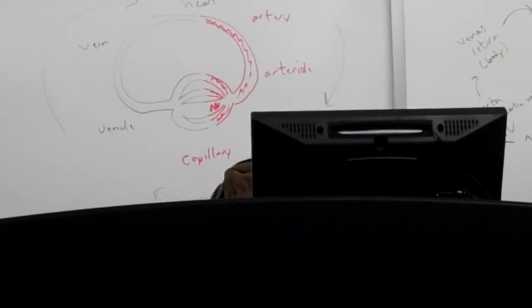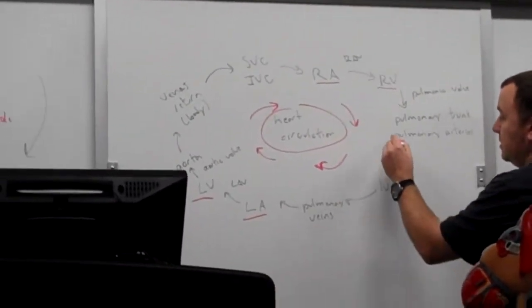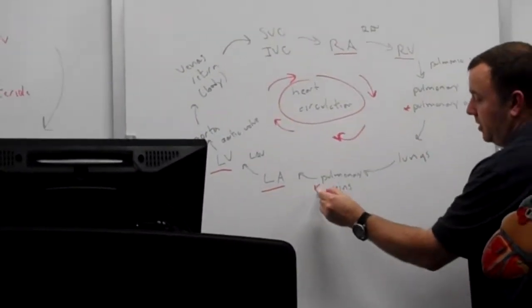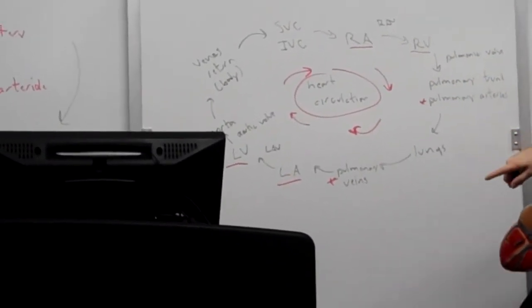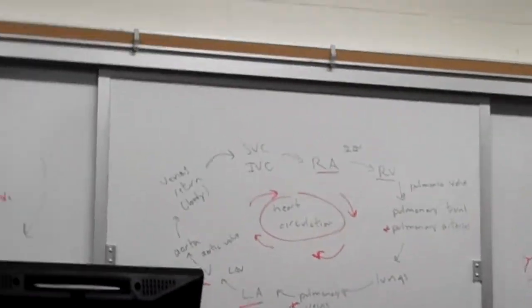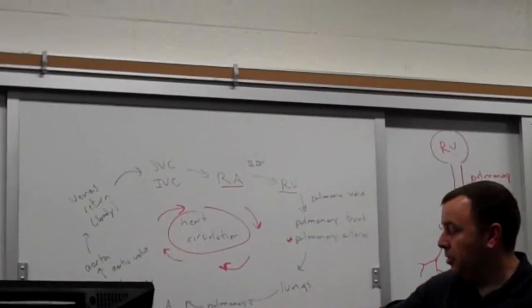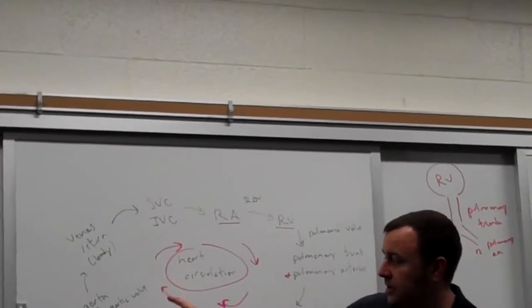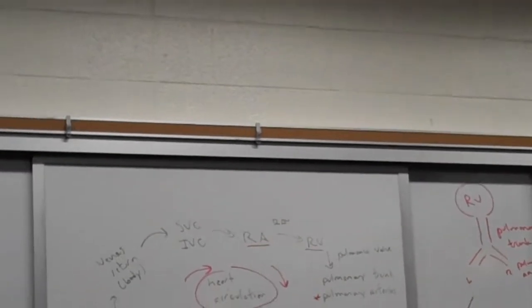Our one exception to the rule is the pulmonary arteries and the pulmonary veins. Pulmonary arteries are flowing away from the heart, so they meet our definition of an artery, but they're actually containing deoxygenated blood. And the pulmonary veins flowing back towards the heart are actually carrying oxygenated blood. So it's the one exception to the rule.